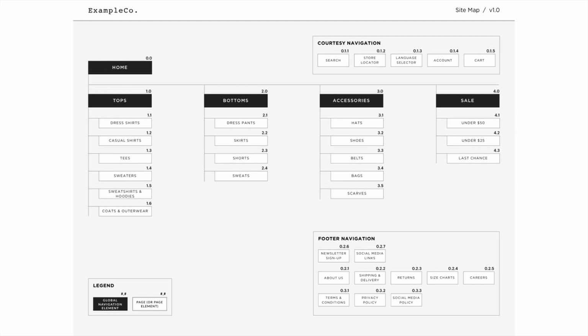In this legend, we see two types, a global navigation element and a page or page element. We're not using the word node in this case because it's a little more common to describe to a client that these are either pages or page elements, and that allows us to create a little bit less confusion for our client.